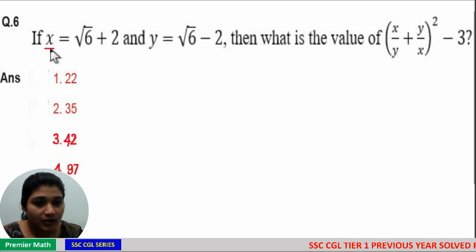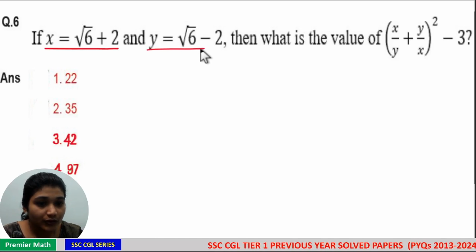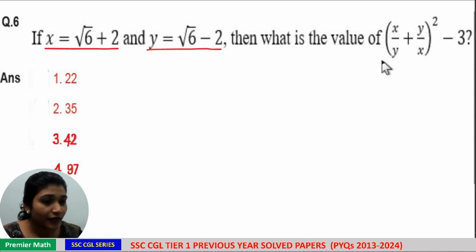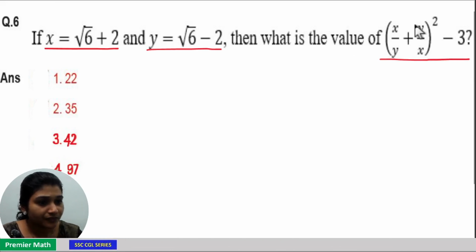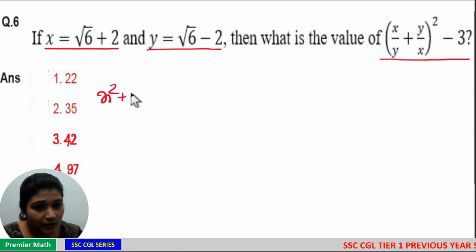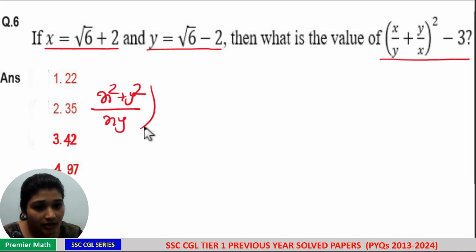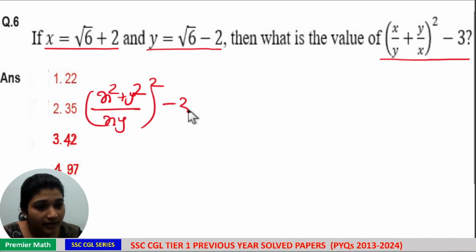If x is equal to root 6 plus 2 and y is equal to root 6 minus 2, then what is the value of (x by y plus y by x) the whole square minus 3? Here, if you cross multiply, this equals (x square plus y square divided by xy) the whole square minus 3.